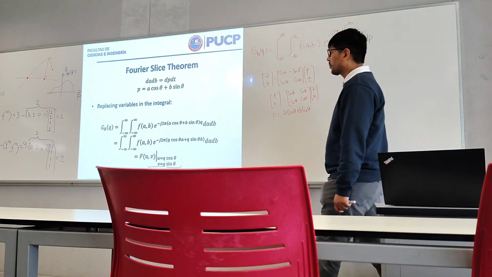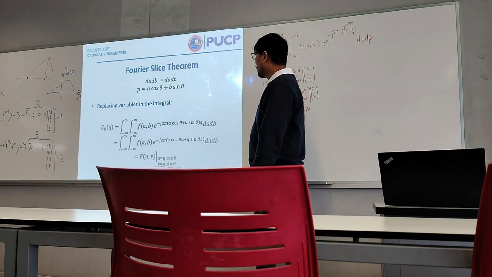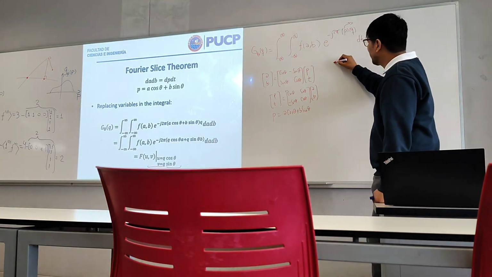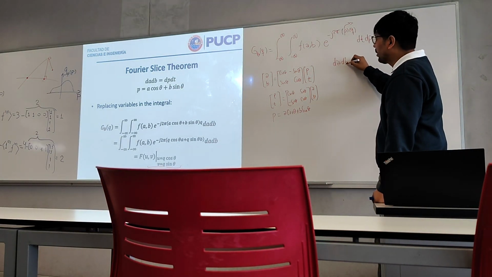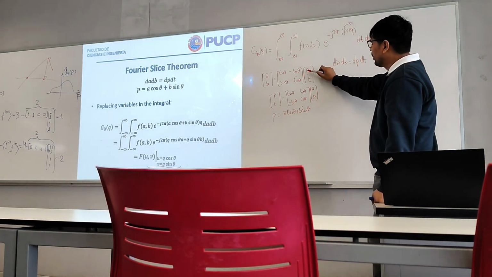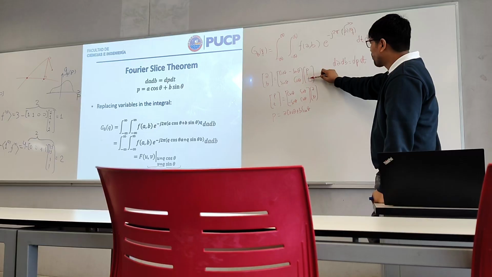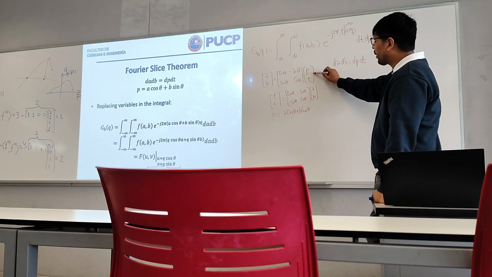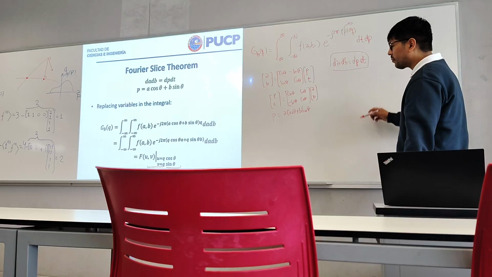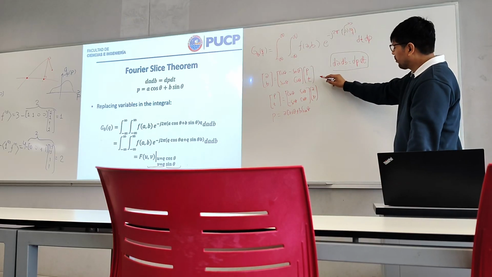Okay. So they write this way. And also the differential terms dA dB will be the same as dp dt. Okay, I will leave this here. And there is a proof.